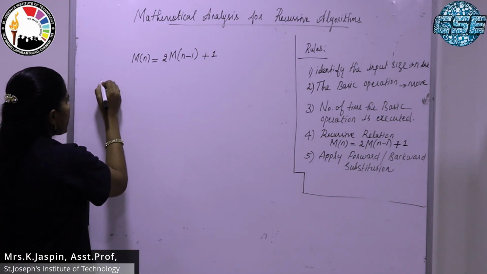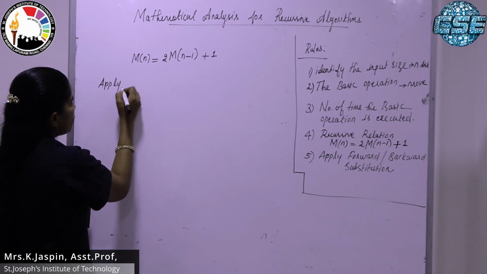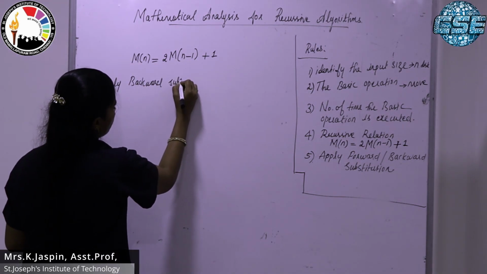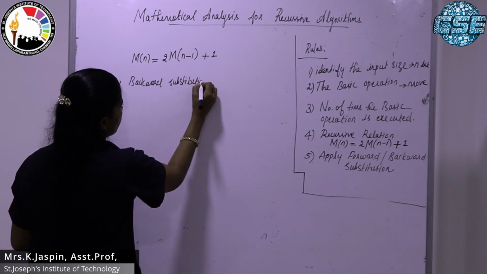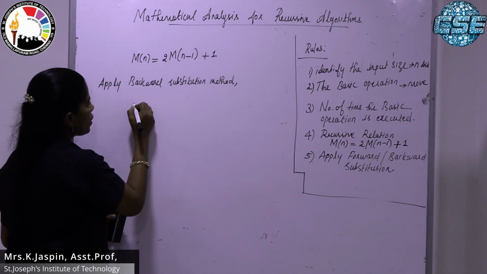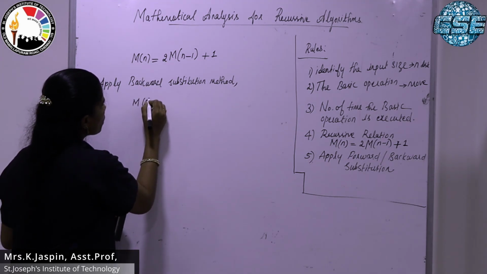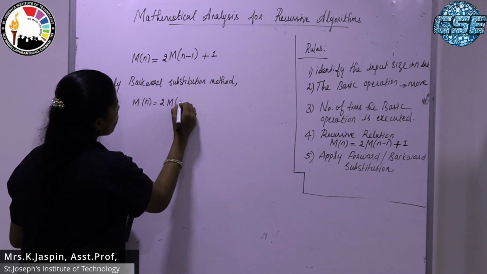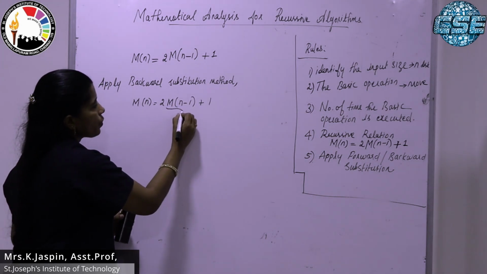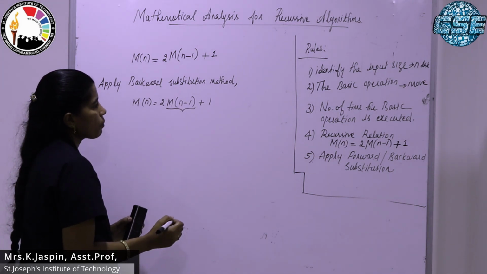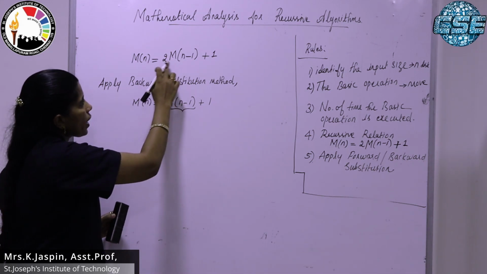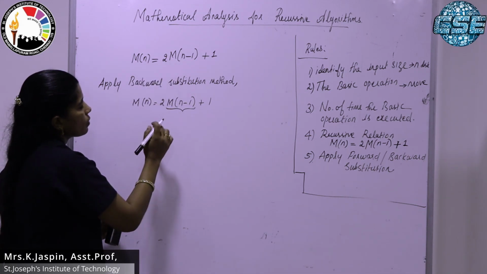Here we are going to apply the backward substitution method. By using it, we need to calculate the term M of n minus 1. So we need to find the value of M of n minus 1. This is the recursive relation. Here instead of n, I need to substitute n minus 1.